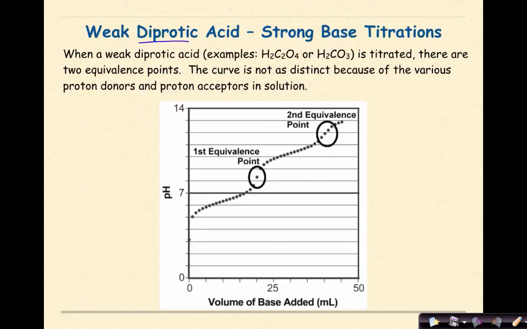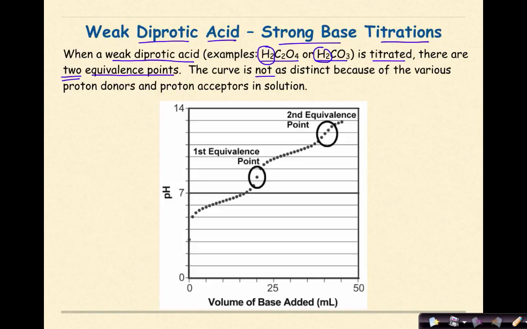Weak diprotic acid, strong base titrations. When a weak diprotic acid, for example something like H2C2O4 or carbonic acid, where we see that we have 2 hydrogens, is titrated, there are 2 equivalence points.